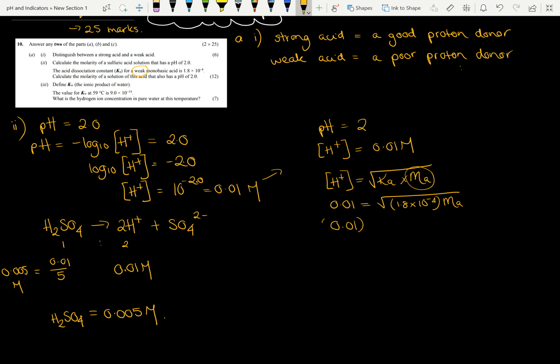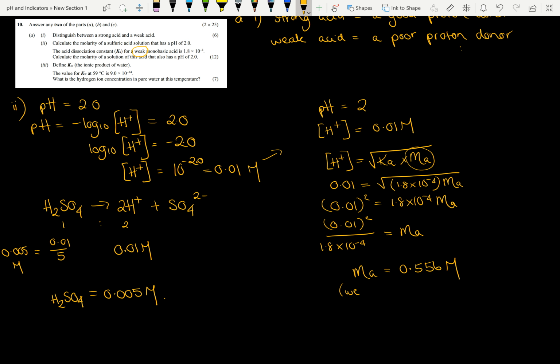So I'm going to square both sides, and then bring that dissociation constant across. So that's going to give me an answer for the molarity of my acid of 0.556 moles per litre. So that is the molarity of my weak acid.